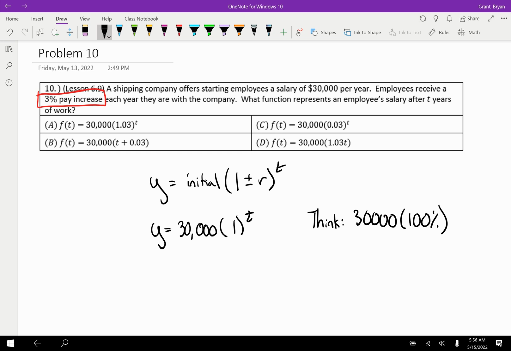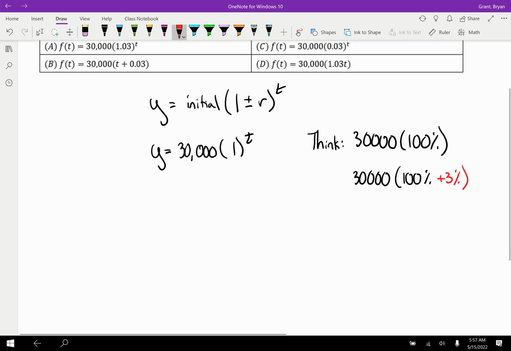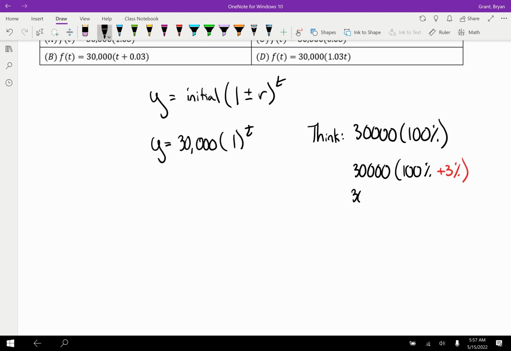So you need to take that $30,000 and combine it with 100% and the 3% pay increase. We take the 100%, so all of our money, and then we get 3% more. If we clean this up a little bit, we end up with 30,000 and 103%.